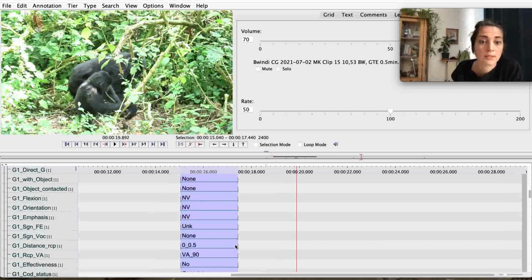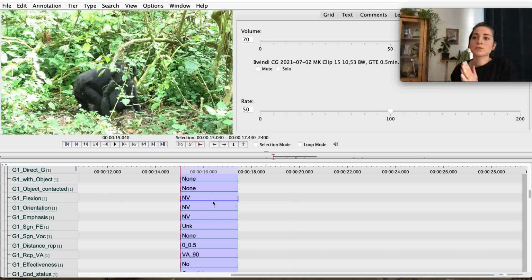Then we annotate if there was an object involved in the gesture, for example, an object shake or hitting on trees. Then for more free gestures, as for example, arm raises or reaches, we have these flexion orientation tiers.